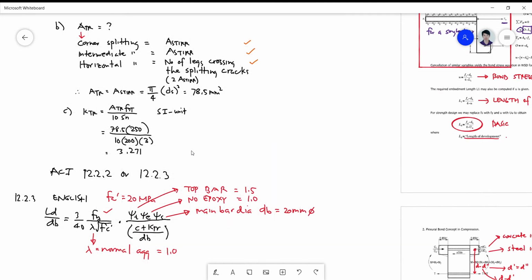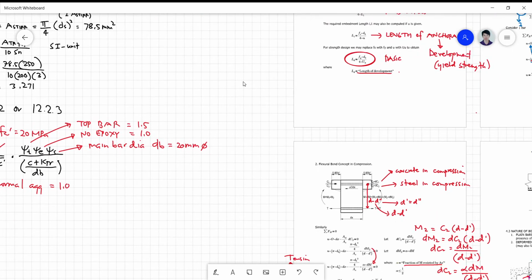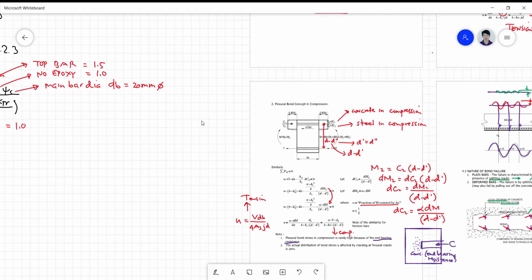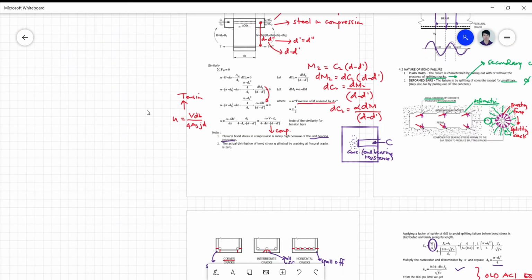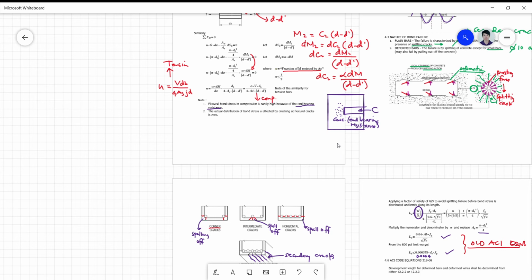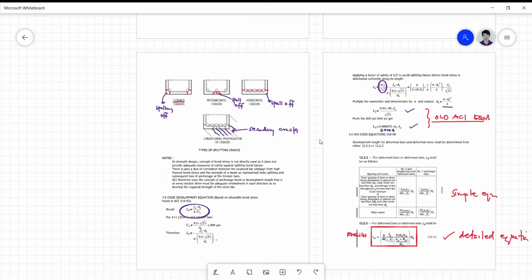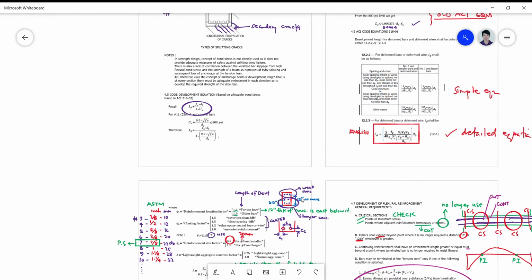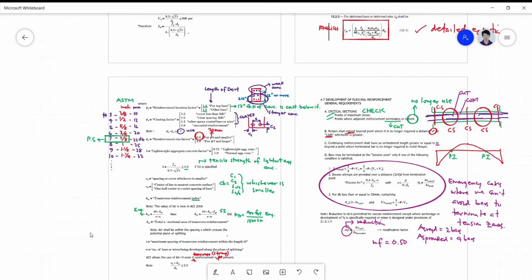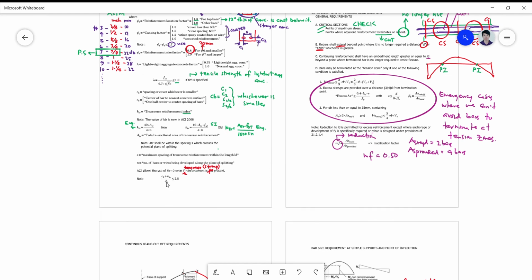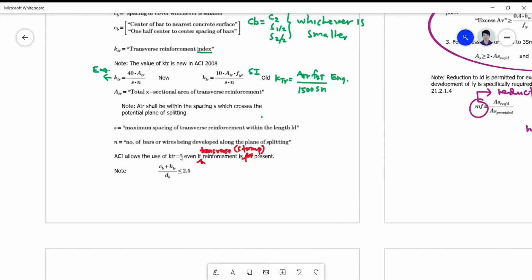KTR is 3.271. Okay, let's check the limit for KTR, class. There's a limit for CB plus KTR over DB, so we have to verify the limitations. So what's the limit? Okay, the limit for CB plus KTR over DB is 2.5. So we have to check on this.